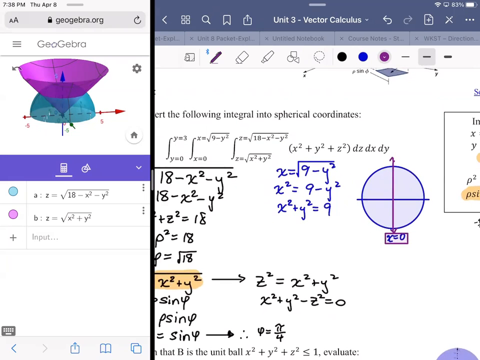But then we're bounded between the y value of 0 and y equals 3. All right. So we're within the circle, bounded really by the x and y axis. So we're looking at just this region here.